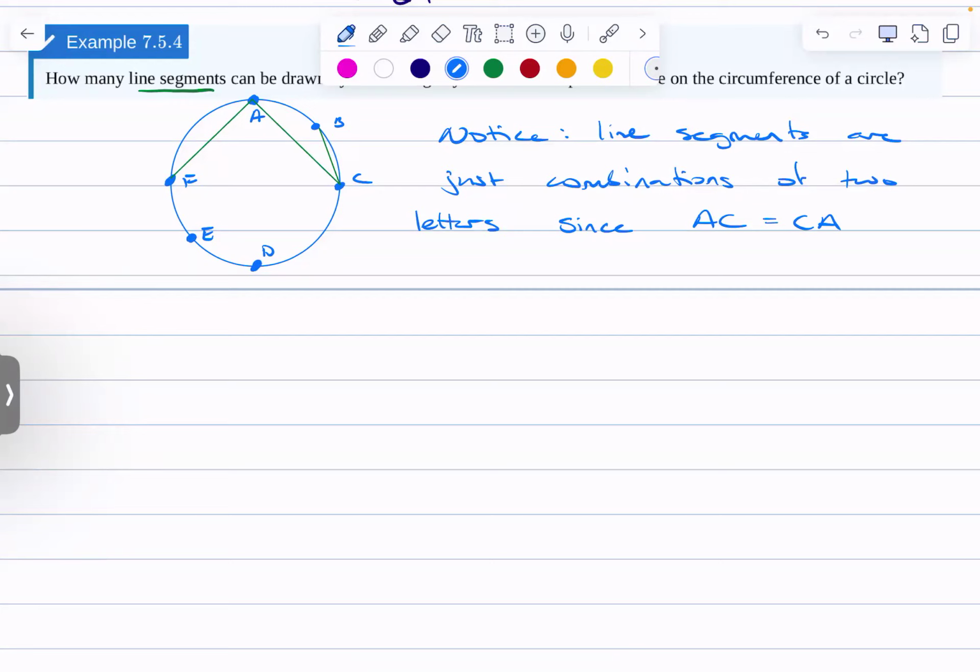Part of this problem solving is trying to morph the problem that you have into a problem that you've already seen, that you already know how to solve.